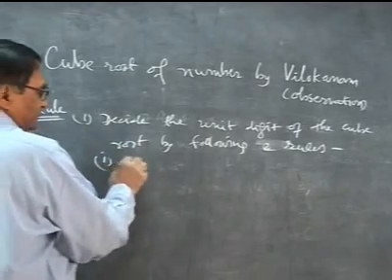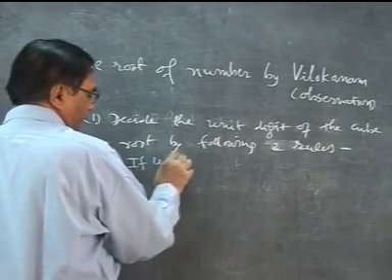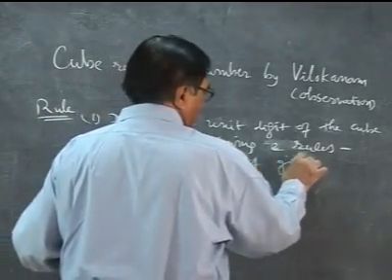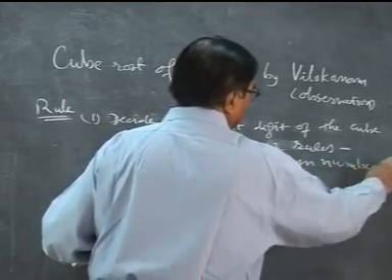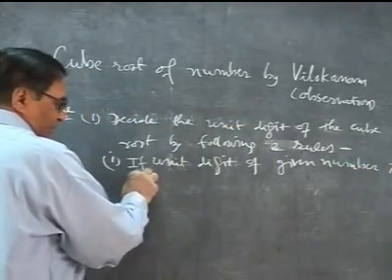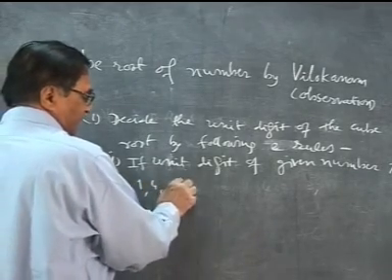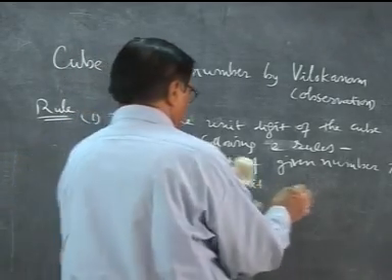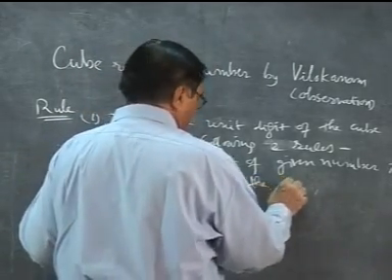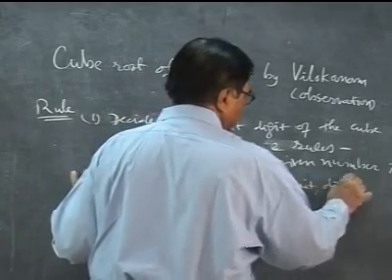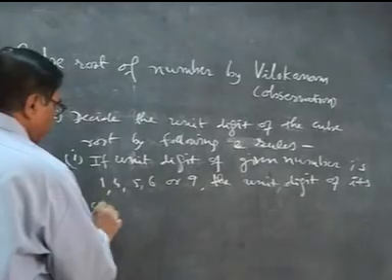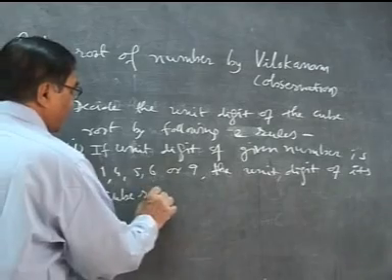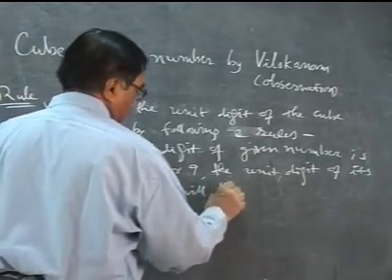First, if the unit digit of the given number is 1, 4, 5, 6, or 9, the unit digit of its cube root will be the same.